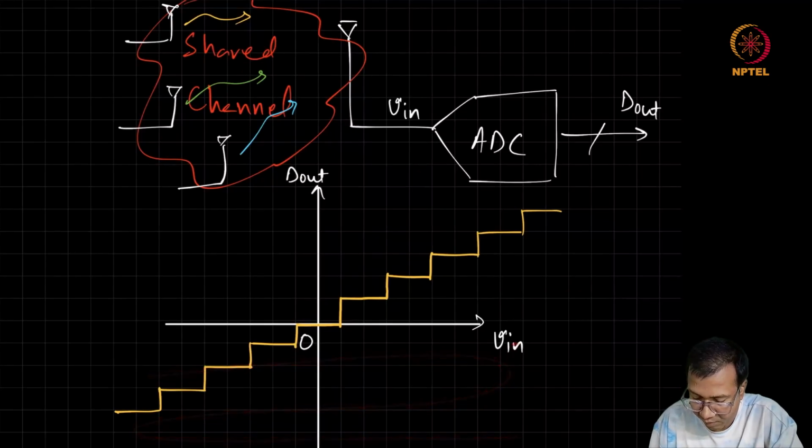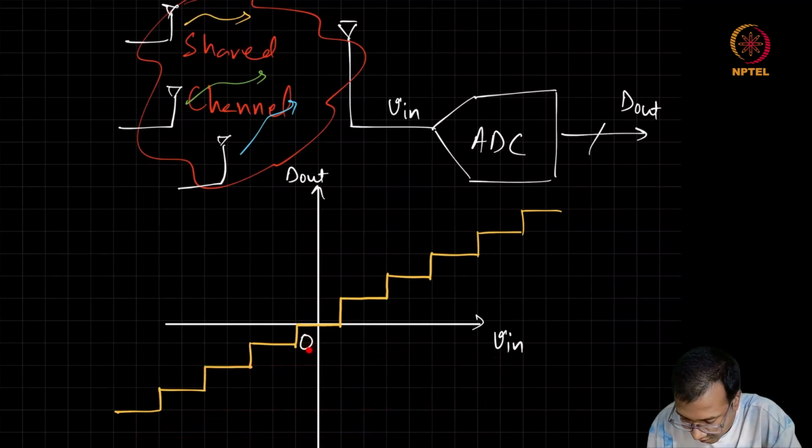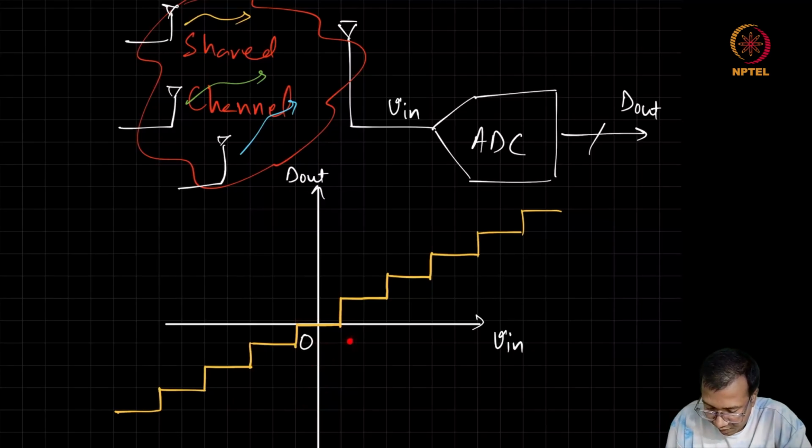For example, if the input voltage is very small, creating a change only within the LSB of the ADC, it is not going to create any change in the digital code. So the entire information is going to get lost.